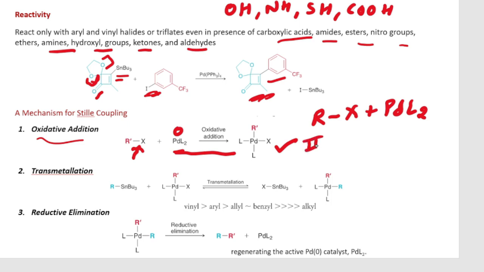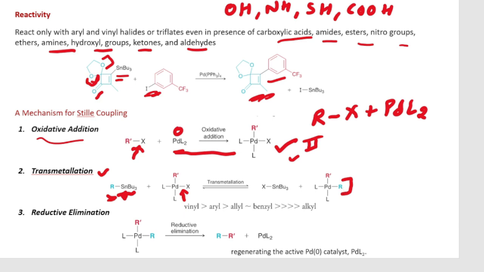Now this complex will react with the organostannane moiety, and transmetallation will happen. What is transmetallation? Transmetallation means exchange of metal. You can see this R group is getting transferred from tin to palladium. So here the R group is now on palladium.